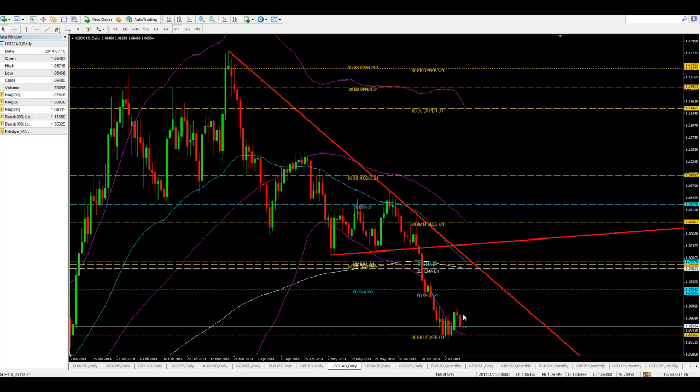Dollar CAD, it continues to play in this range here. So we're more likely than not going to see the dollar CAD come down to 1.0630, bounce off of 1.0630. Actually, it seems like there's some form of narrowing consolidation going on here. So let's take a look at that.